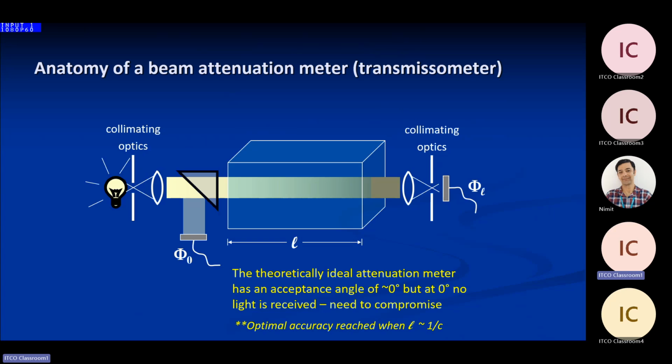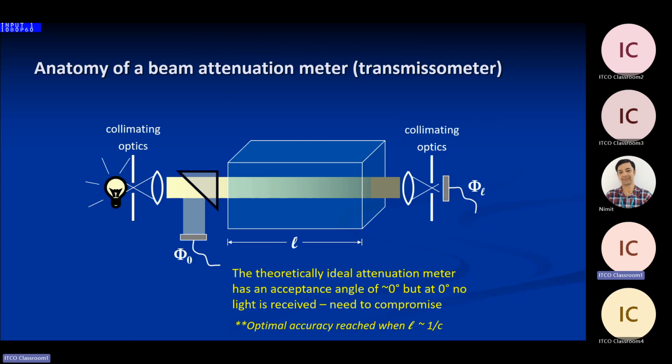This is important. I actually had a slide on this before, but I took it out. But the optimal accuracy is reached when the path length is approximately 1/c. So if you're trying to measure c in water with an attenuation coefficient of about 1 inverse meter, a 1 meter path length is optimal.